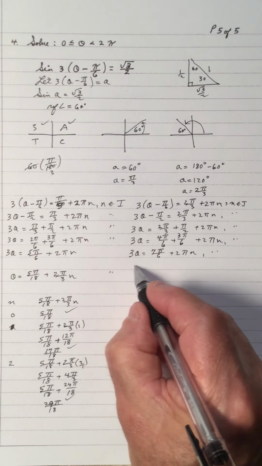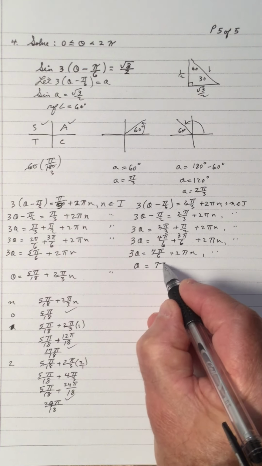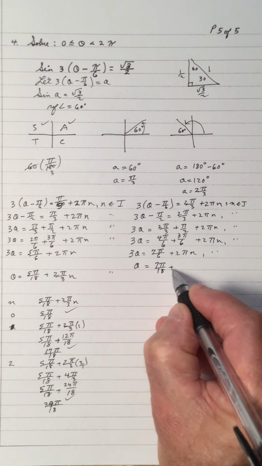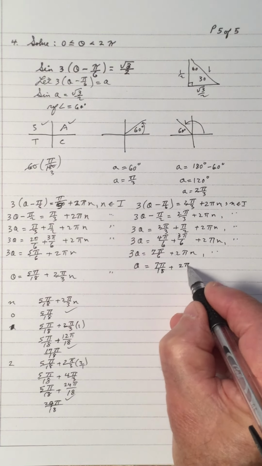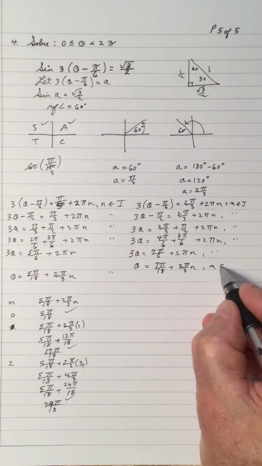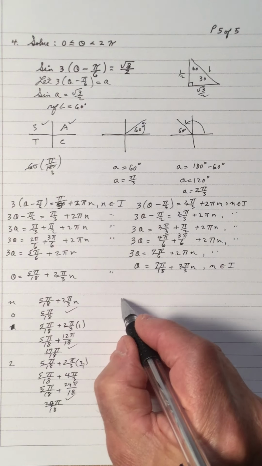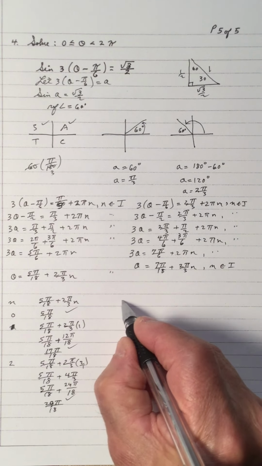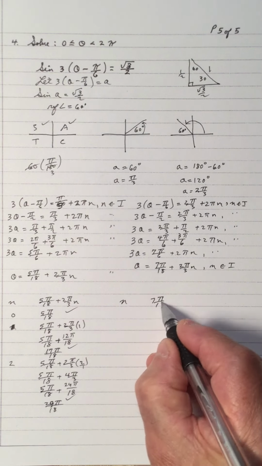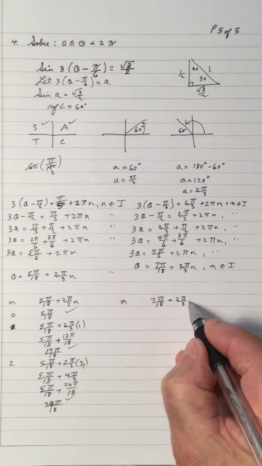And we divide by 3, so theta is going to be 7 pi over 18. Divide by 3, we get 2 pi over 3. N belongs to the integers. So let's go with n is 1, n and 7 pi over 18 plus 2 pi over 3.